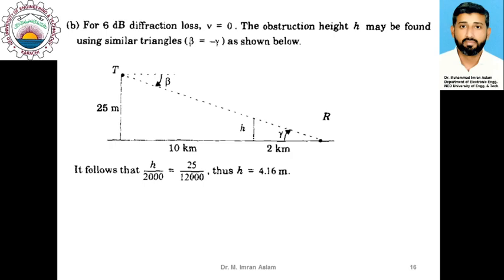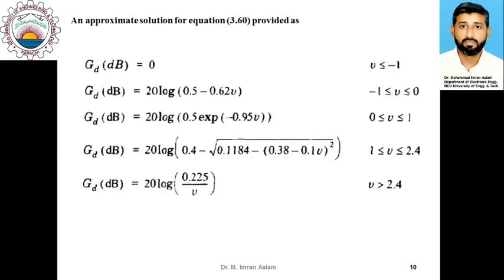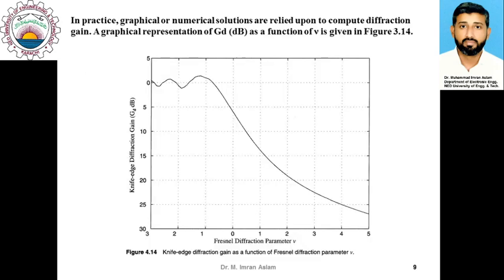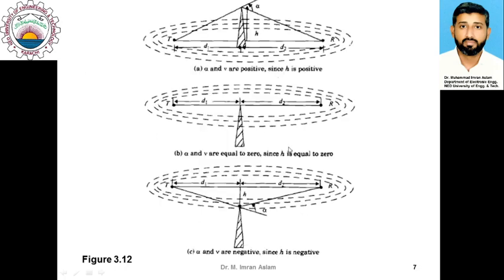So to have a minimum amount of loss, we need at least 55% of the first Fresnel zone clear from any obstruction. Secondly, as the obstruction height increases, the loss also increases, which is generally represented in terms of the Fresnel diffraction parameter nu.